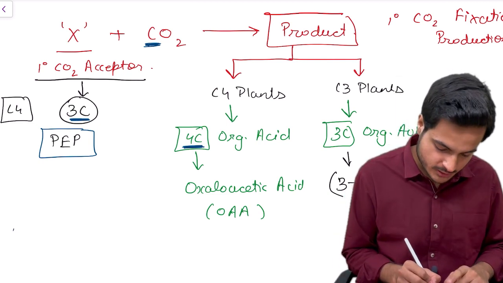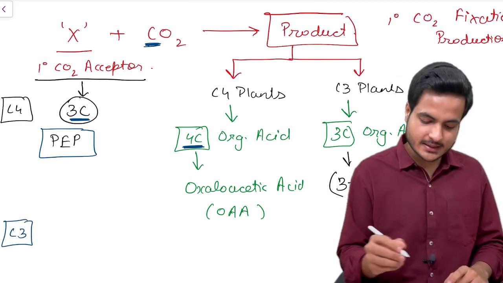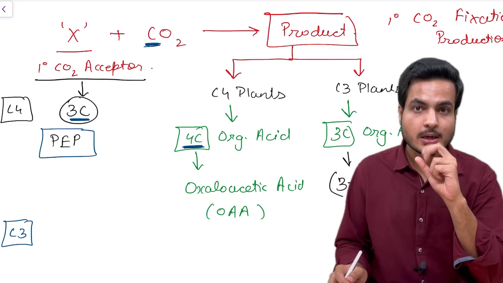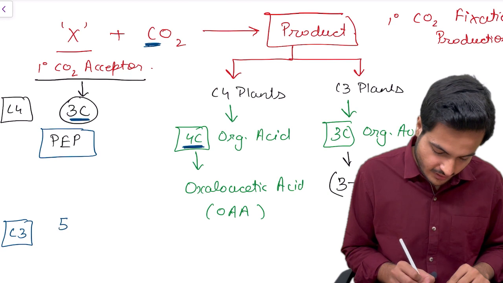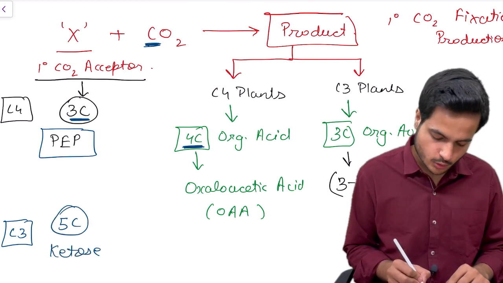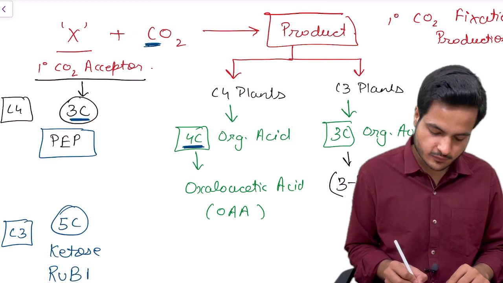But the story has a twist, because in C3 plants, this primary carbon dioxide acceptor molecule does not have 2 carbon but has 5 carbon in it, and that is a 5 carbon containing keto sugar whose name is ribulose bisphosphate.